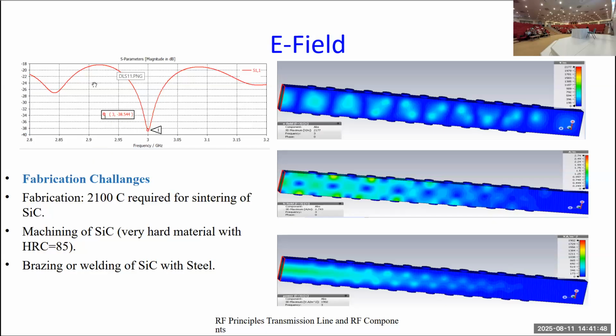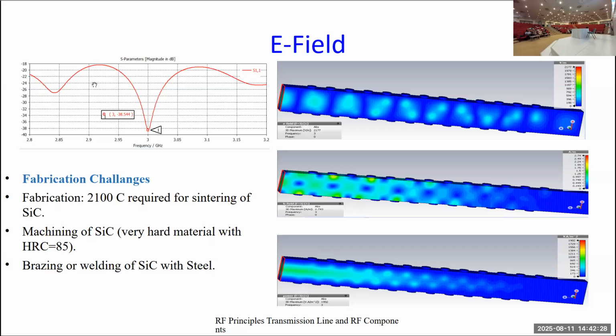The problem with this design is that fabrication of silicon carbide is very difficult, and it requires a temperature of 2100 degrees Celsius for sintering these carbides. Its machining is an issue. You have to mold them into 26 posts of different sizes.